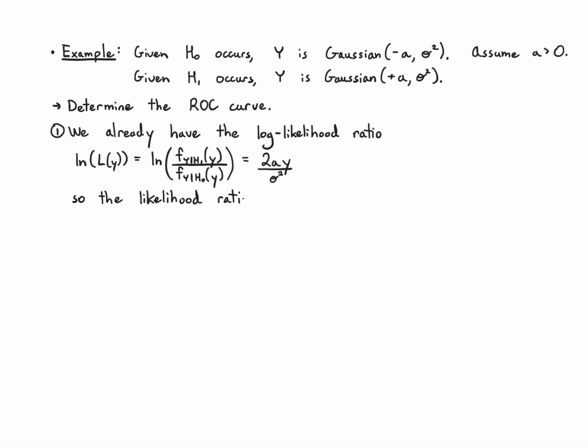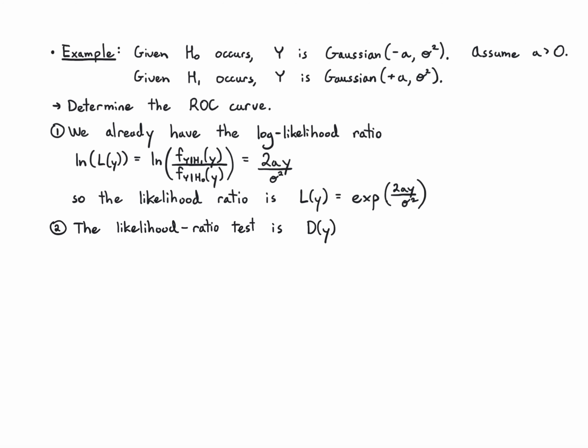And so since we have the log likelihood ratio, we know the likelihood ratio. The likelihood ratio just has to be e to the 2ay over sigma squared, because I already have the log likelihood ratio. Great. So then I can write down the likelihood ratio test. This test is going to be 1 when e to the 2ay over sigma squared is greater than or equal to t, and 0 when e to the 2ay over sigma squared is less than t.